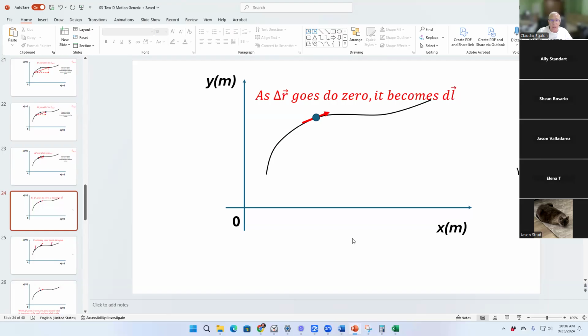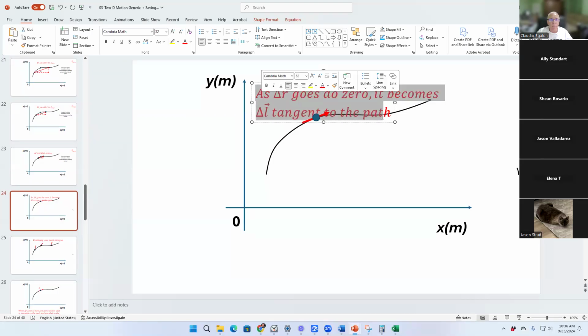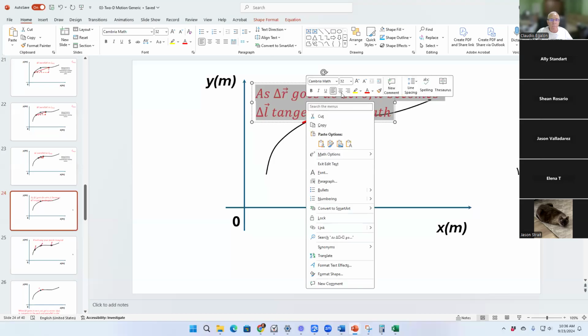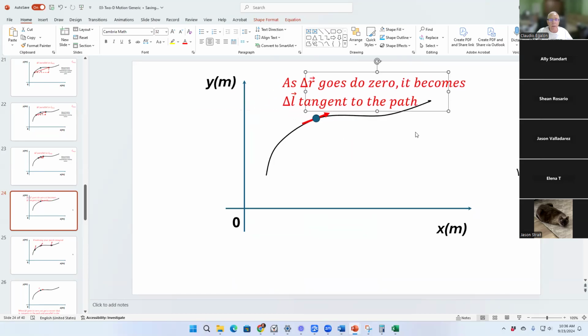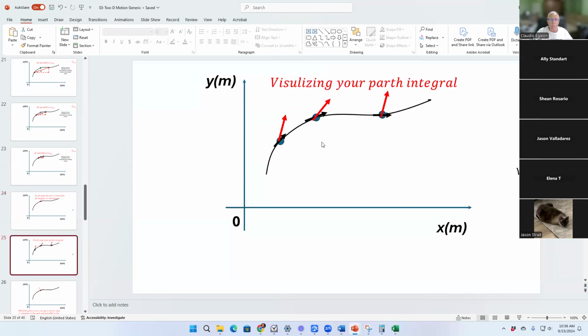As delta r goes to zero, it becomes delta L, tangent to the path. Your path.